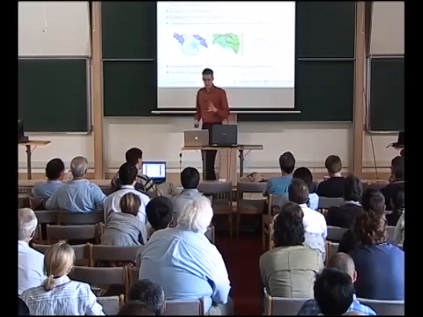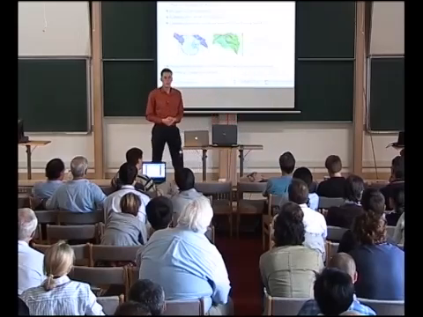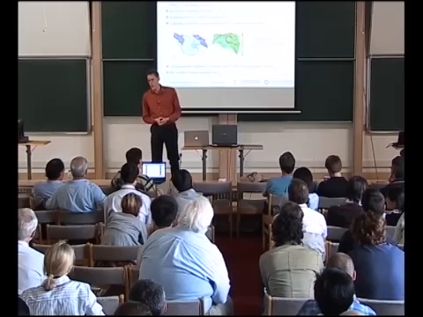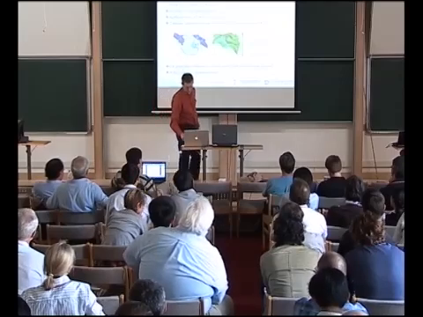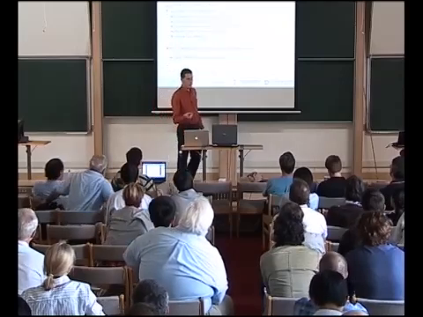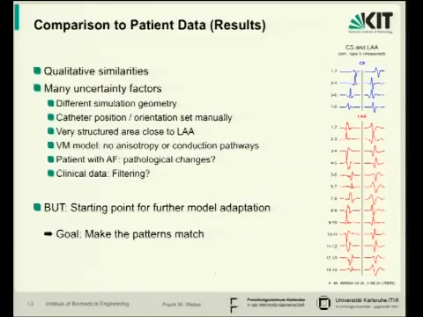So it's not exactly the same position. We just manually had to place it in that region because it's also a very structured region in the model. And apart from that, we didn't do any further model adjustments either, so no tuning to make it look better or something.